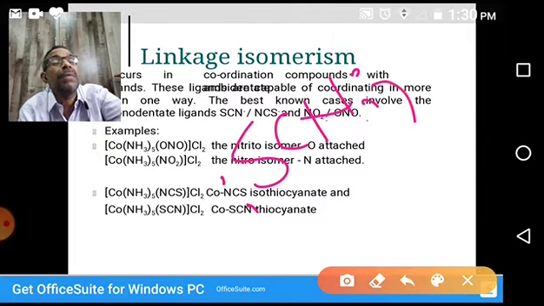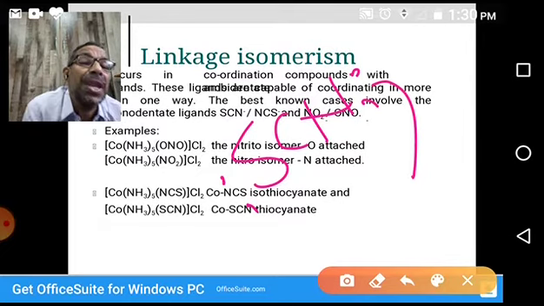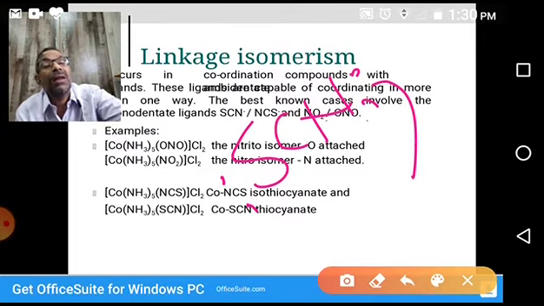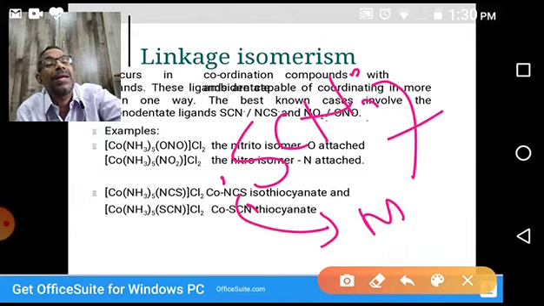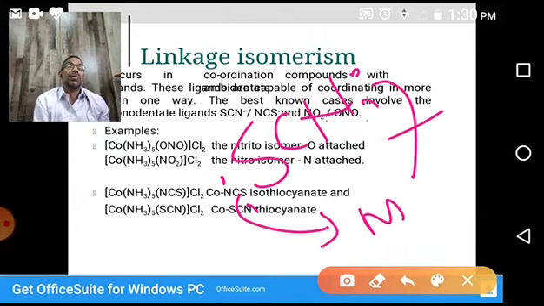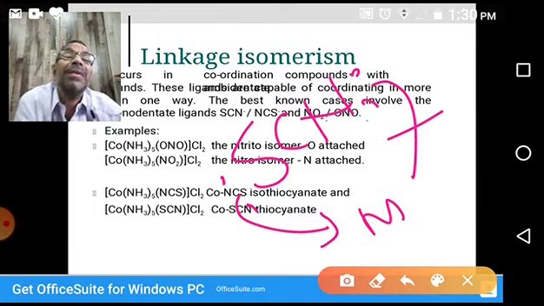Bonding from here, we can say thiocyanato-N. Otherwise, bonding from here, we can say thiocyanato-S. In one case it is linking through sulfur, in the other case through nitrogen. So the coordinating atom in a ligand is changing.